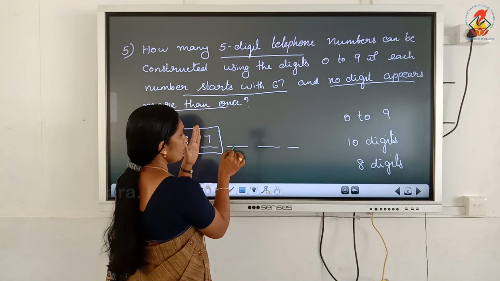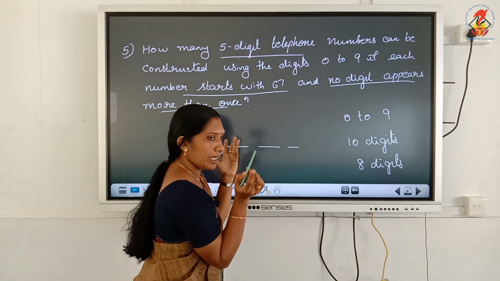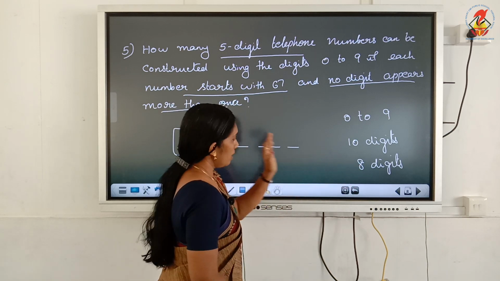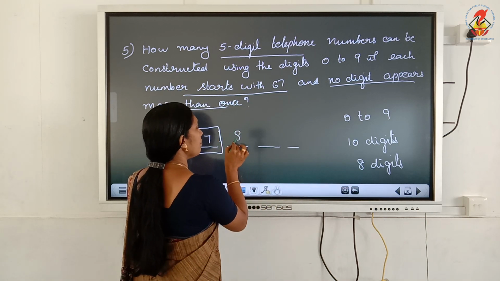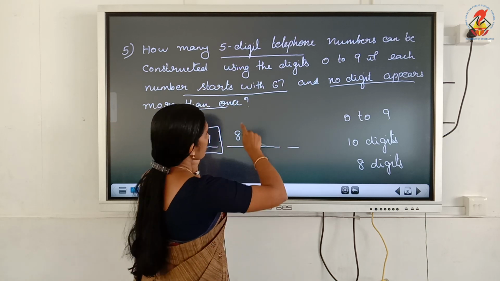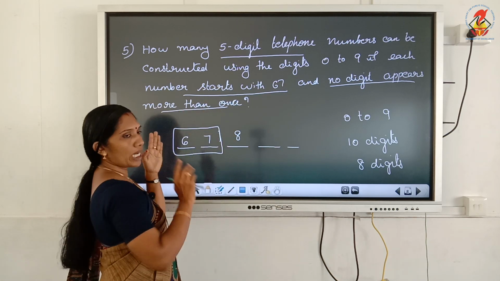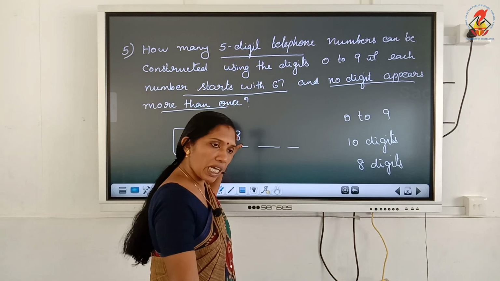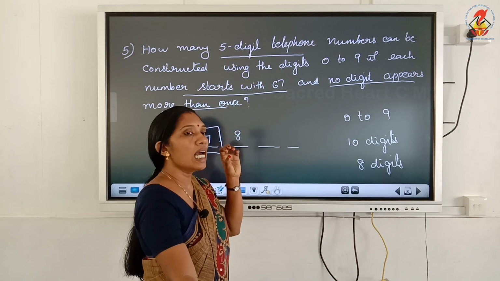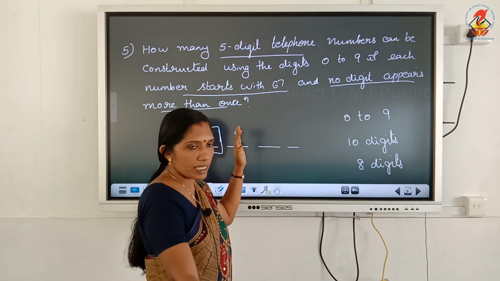So this third place we can fill in how many different ways? We have 8 digits, so in 8 different ways I can fill this place. Then the next place, no digit appears more than once. If 8 ways we can fill, it means we have to write any one digit in this place.